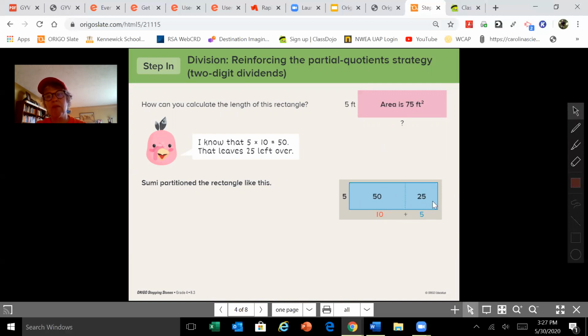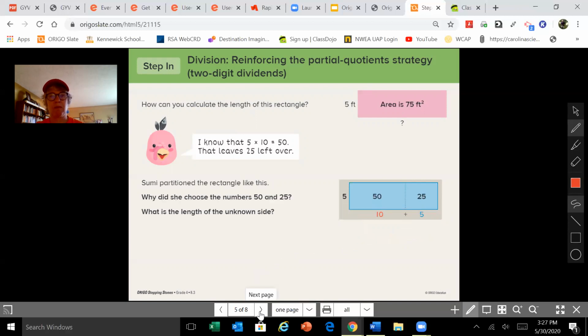So if we take these two numbers together, 10 plus 5 equals 15, that means that 75 divided by 5 equals 15. And what is the length of our unknown side? It's going to be 15.